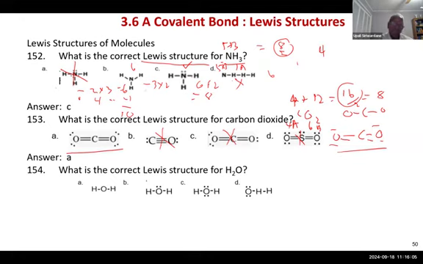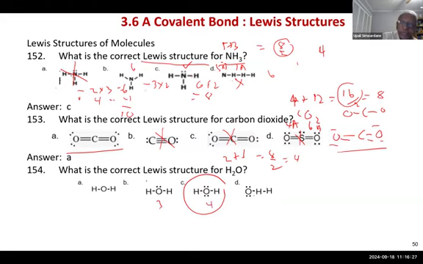What do you think the structure of water is? That's 2 plus 6, 8, or 4 electron pairs. This is the correct structure. This has 3 electron pairs. This has 4 electron pairs, or 8.